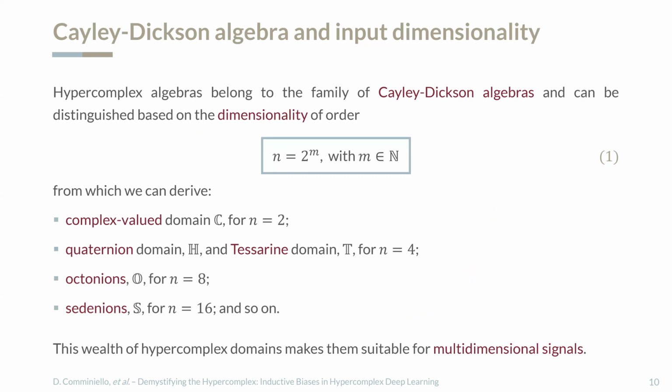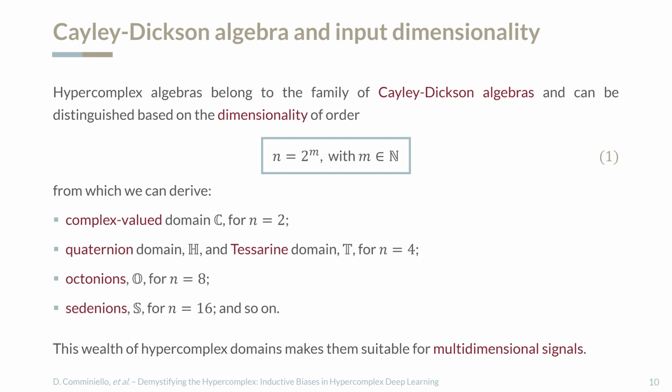This is due to the fact that we can relate the input dimensionality to the dimensionality order that is related to the property of the Cayley-Dickson algebra. So we can say that the dimensionality order can be defined as n equal to 2 to the power of m, with m any integer number.